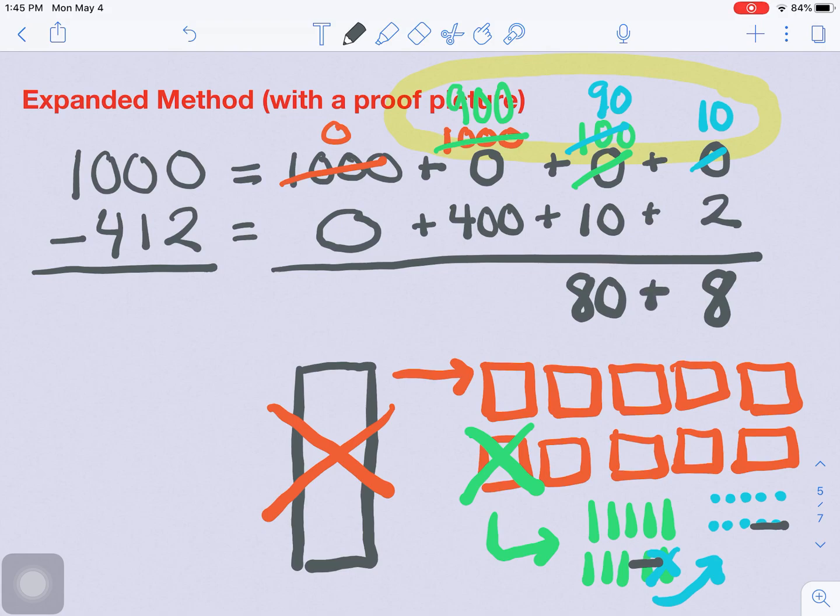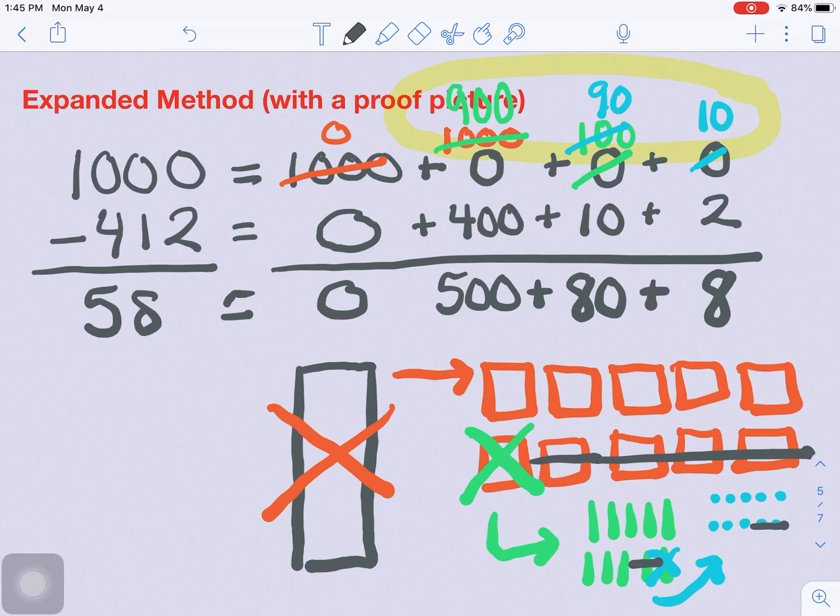And then I have my 900, and I'm going to take away my 400, and I have 500, no thousands, so it comes back here to 588.